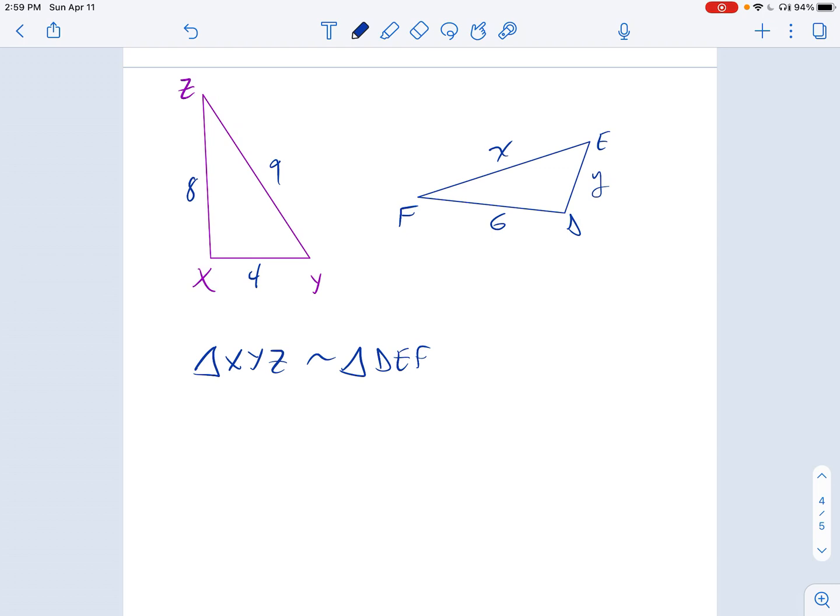So just as a quick example of what similarity does for us, we know that if these triangles are truly similar, then the sides are in proportion. So I'll just write down what that means. Segment XY matches segment DE. So 4 over y is a relevant fraction.